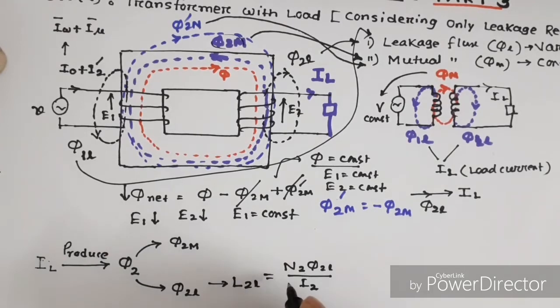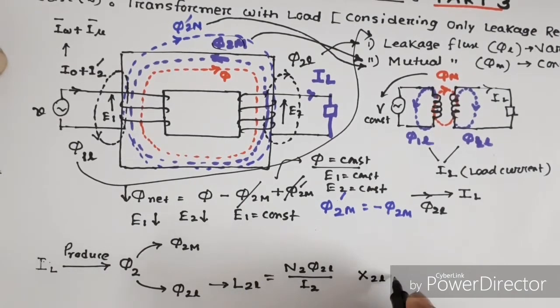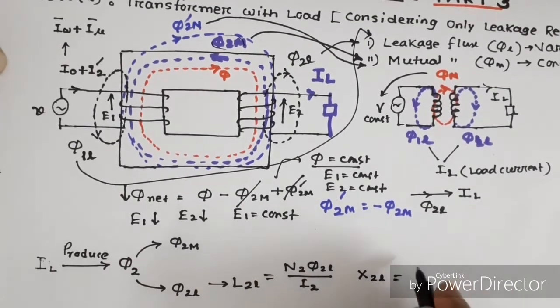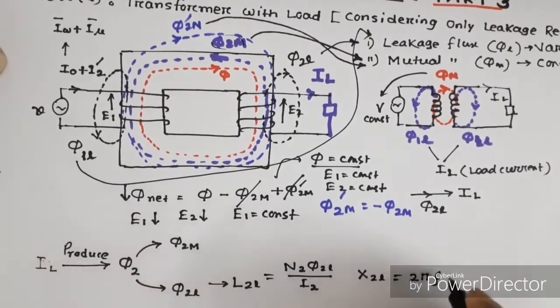Due to this leakage inductance, a leakage reactance X2L will be given by 2 pi f into inductance L2L.